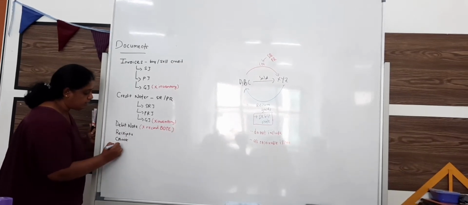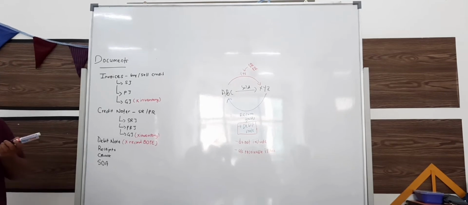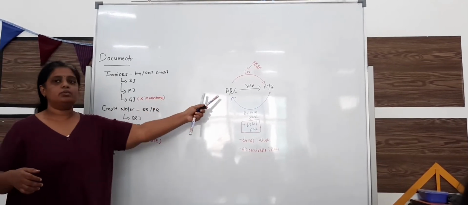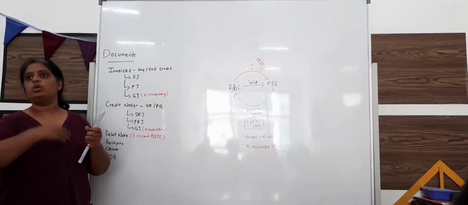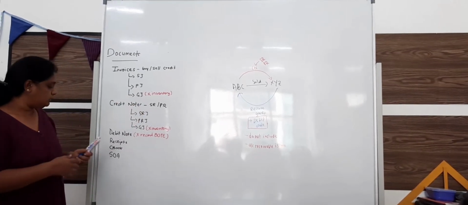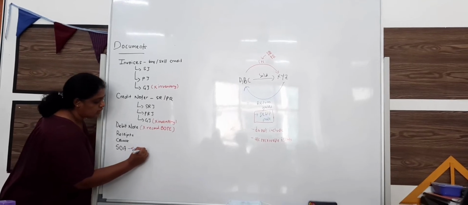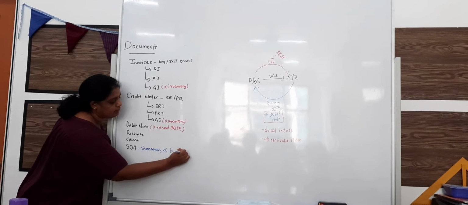And finally, we have something called a statement of account. Now, a statement of account is sent at the end of every month, the supplier will send it to the customer, saying, hey, look, I sold this much to you, you paid me this much, balance is this much. So what does a statement of account say? It is basically a summary of transactions that took place that month.